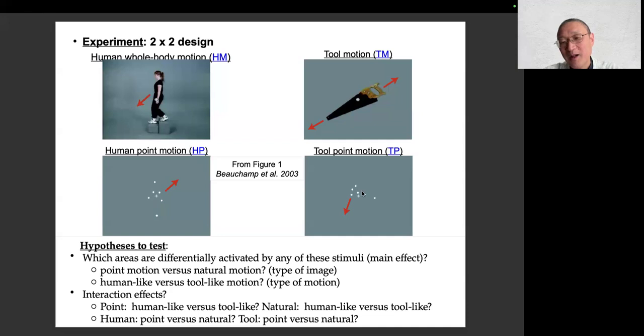In the lower right corner, this is actually a hammer. So those are the tasks. 4 tasks in a 2x2 design: category, either human versus tool, and the other factor is whether it's a whole image versus a dot image.